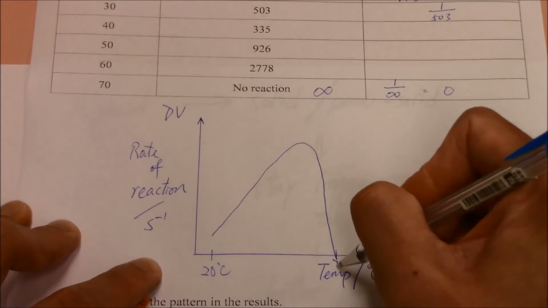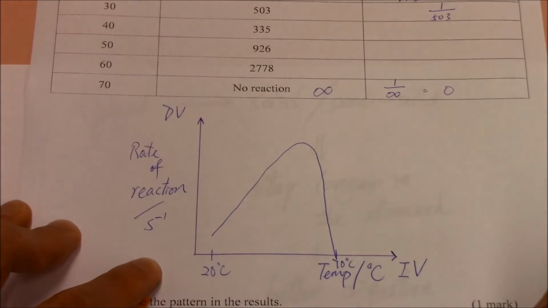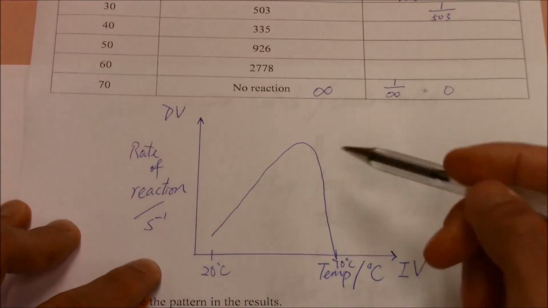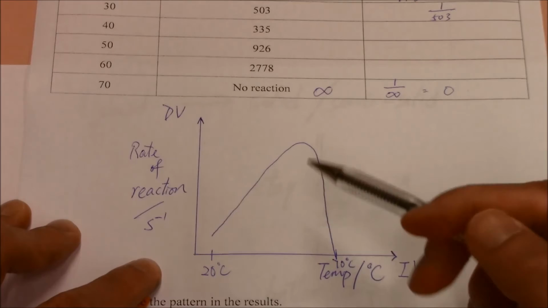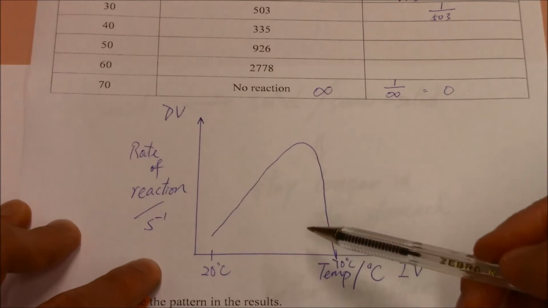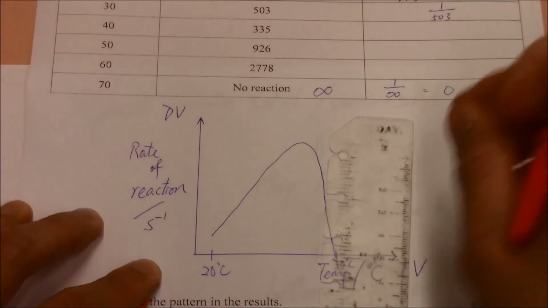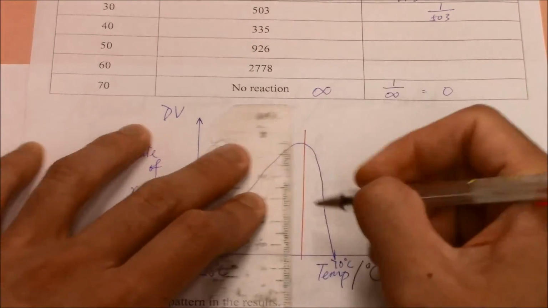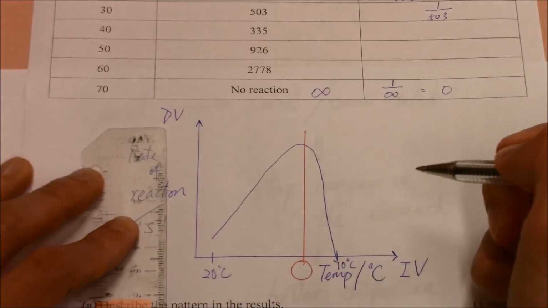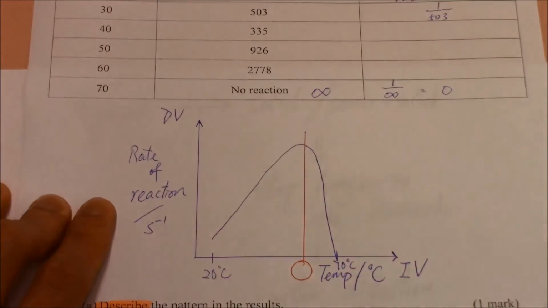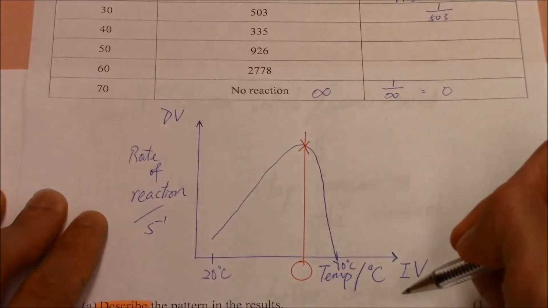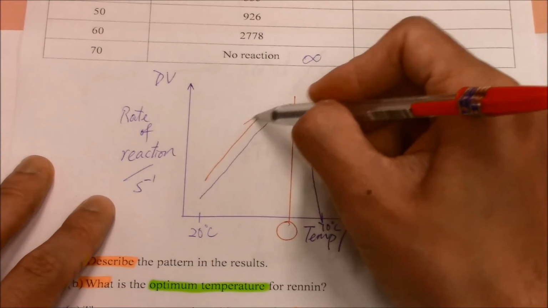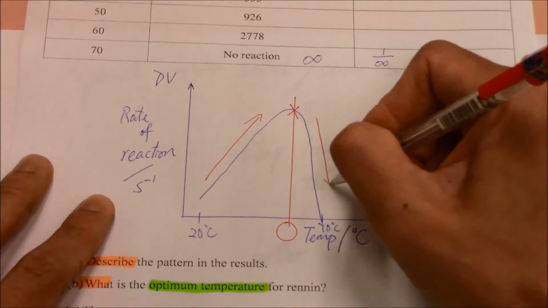Because it's already at 70 degrees Celsius. And you can divide the graph into 3 parts. One part is the optimum temperature, so it's 1 point. And the second part and the third part will be the increasing part and the decreasing part.